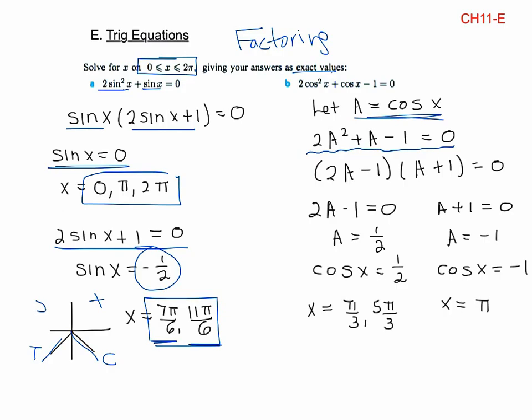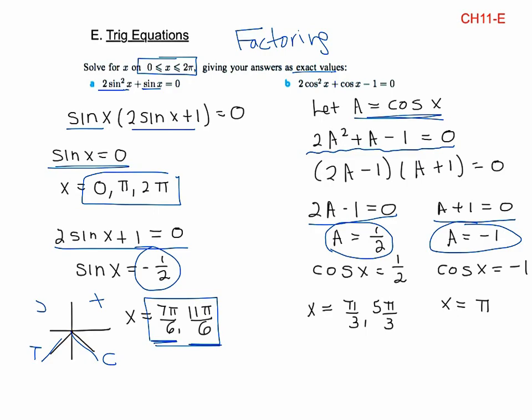So we have (2a minus 1)(a plus 1) equals 0. That means 2a minus 1 is equal to 0, or a plus 1 is equal to 0.